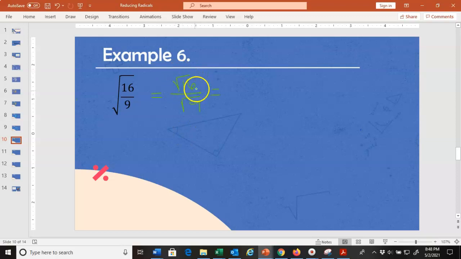So the square root of 16, we know that is 4, right? Because remember, it's 4 times 4. There's our pair of numbers. And 9 is 3 times 3. So the square root of 9 is 3. And you're done. So whenever you have a big radical bar going over the entire fraction, you can just put it on the top and on the bottom, and then deal with each part separately.